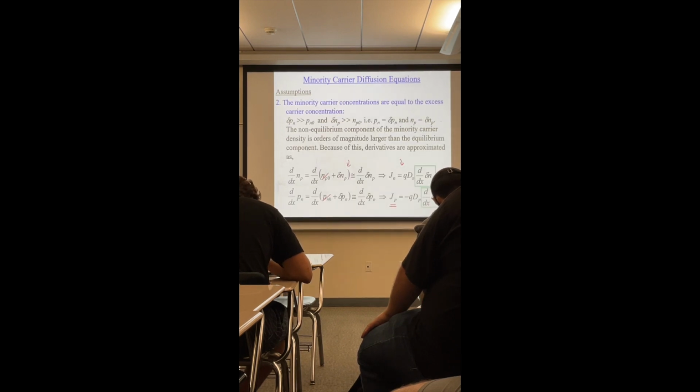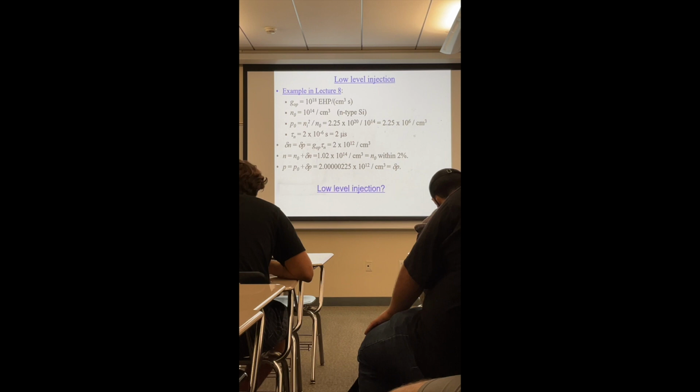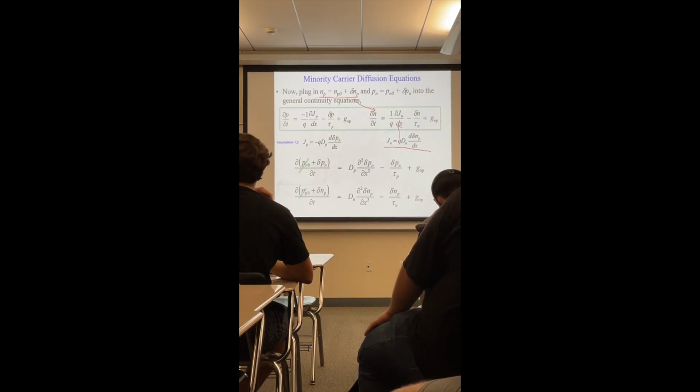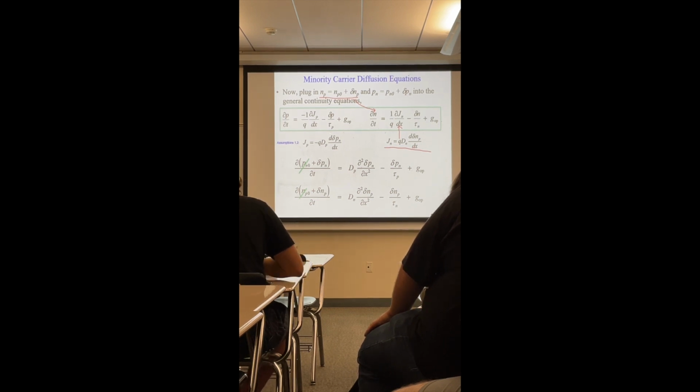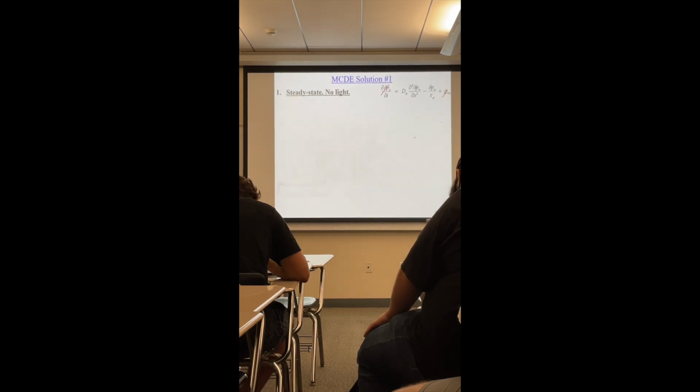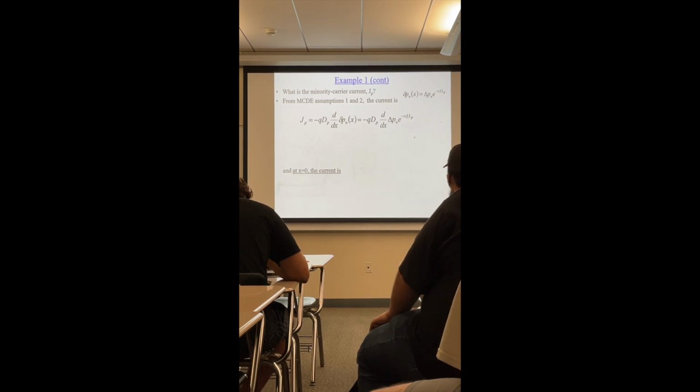Based on these assumptions we can rewrite it like this, and you can see the current is basically determined by how delta p sub n changes with x. Since we already know this expression, we can calculate this value.